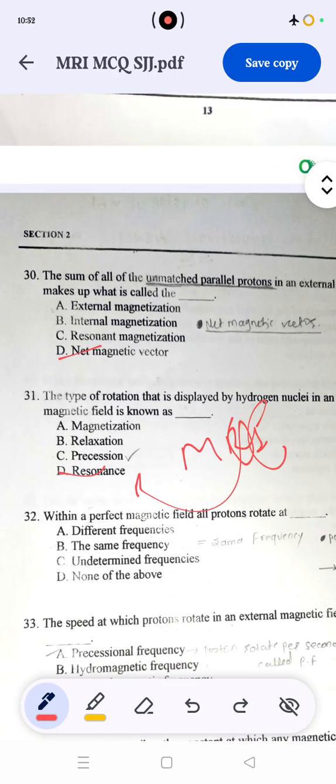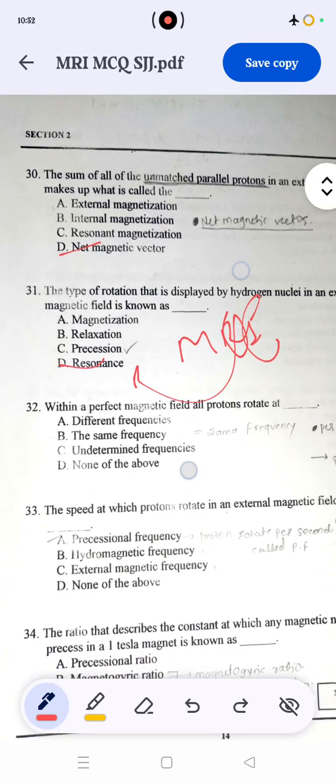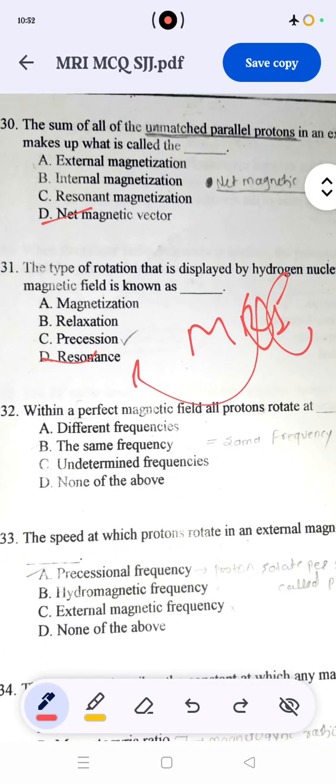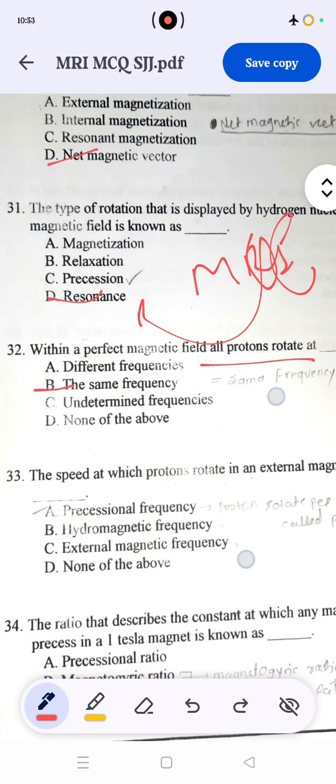These are the definition of resonance. Then in a perfect magnetic field, all protons rotate at different frequencies, the same frequency, or an undetermined frequency? In a perfect magnetic field all protons have the same frequency.